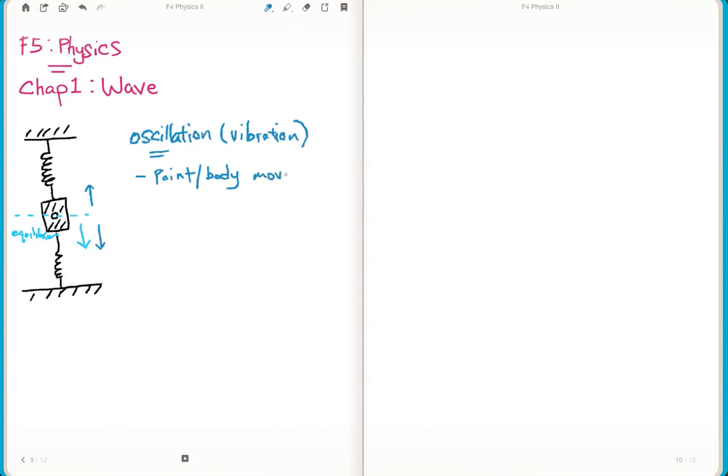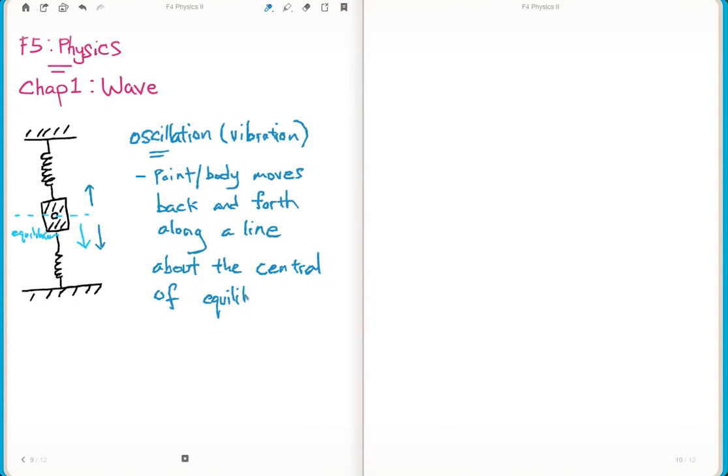A body that moves back and forth along a line about the central equilibrium, and it produces a wave, and hence produces a wave.